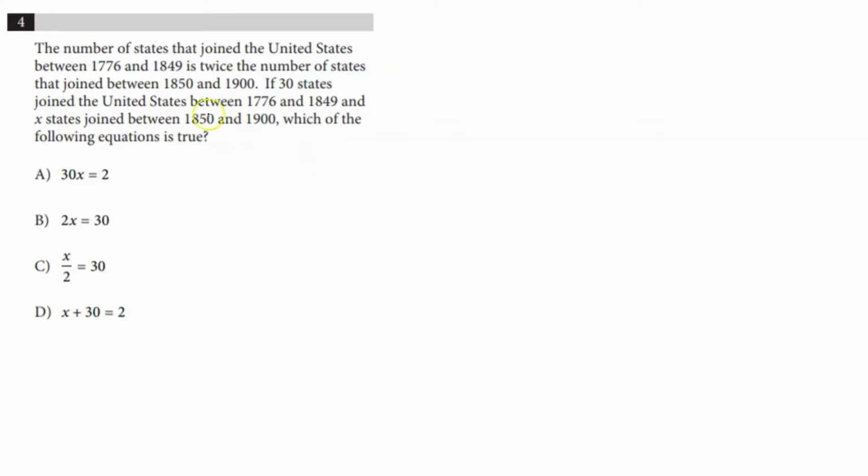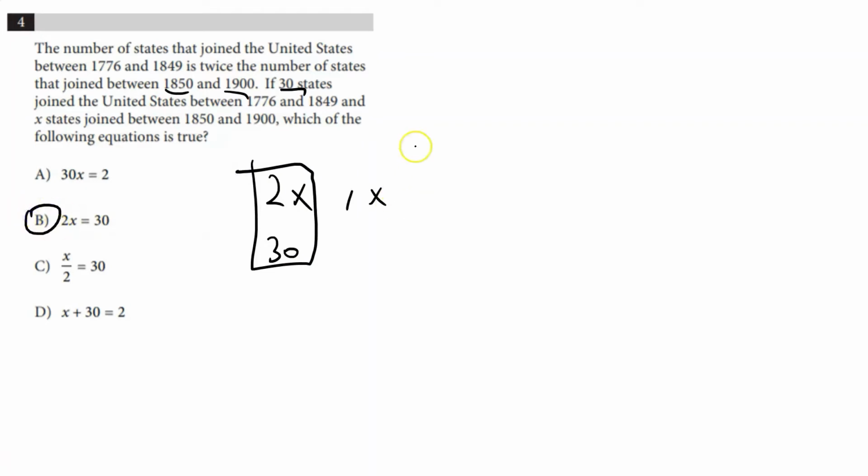So we know that the number of states joined between 1776 and 1849 is 2x, and that means the number of states joined between 1850 and 1900 is just x. But we know 30 equals 2x, and that is the equality we have there. So number 4 is B.